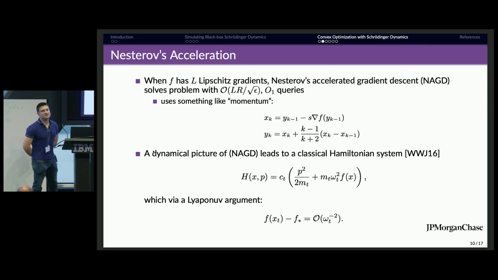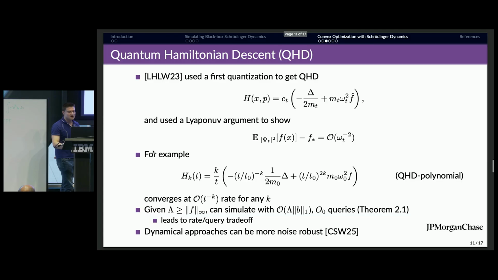And because you've introduced something like momentum, you can have this dynamical picture in which you get a classical Hamiltonian system, which, shown via a Lyapunov argument, can actually converge at any rate you want. We'll get to why that's not true in reality, but in this system you can converge at any rate. You'll see omega can be tuned to be as fast as you want.